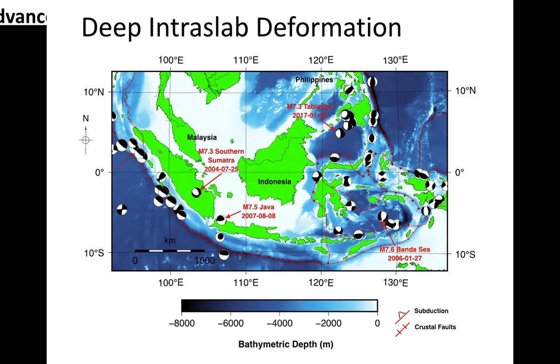Intermediate to deep seismicity can occur by a variety of mechanisms, and it depends on the properties of both the surrounding mantle and the subducting slab, such as temperature, strain rates, the rheology, and any inherited weakness, such as older fault zones or fractures in the slab.